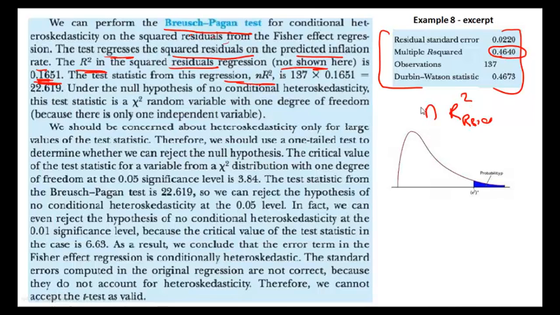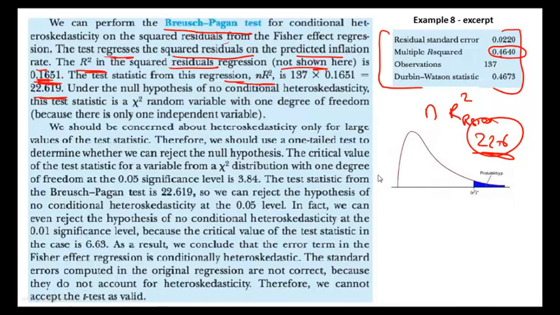So what is your test stat? When you multiply n by R squared, you get 22.6. So what is 22.6? Exactly. 22.6 is the Breusch-Pagan test stat. You have to compare this with the critical value. What's the critical value? We have already learnt and memorized that the table that we look at is the chi-square table, which looks like this.